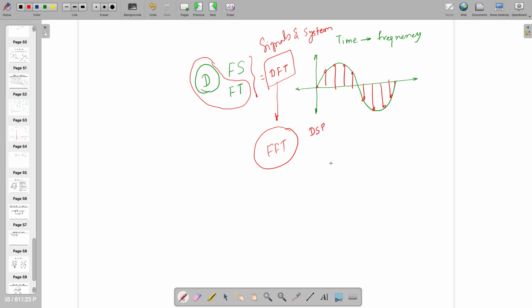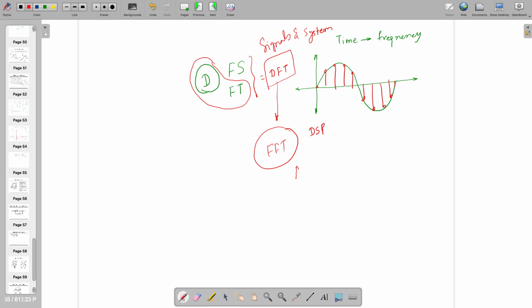If you studied DSP, then DSP is talking about FFT. DSP is all about how you are going to implement all these things which you learn in signals and systems, which is digital or discrete, to the domain which is going to make the simulator for you at the end, right?